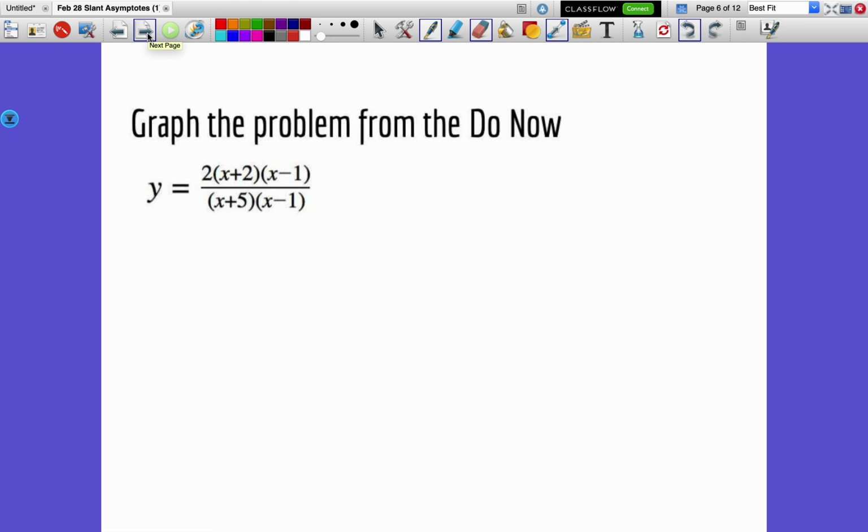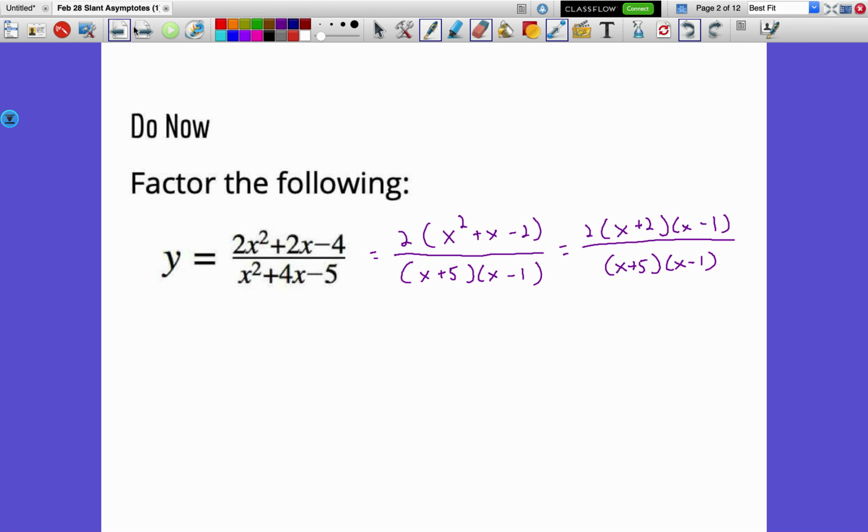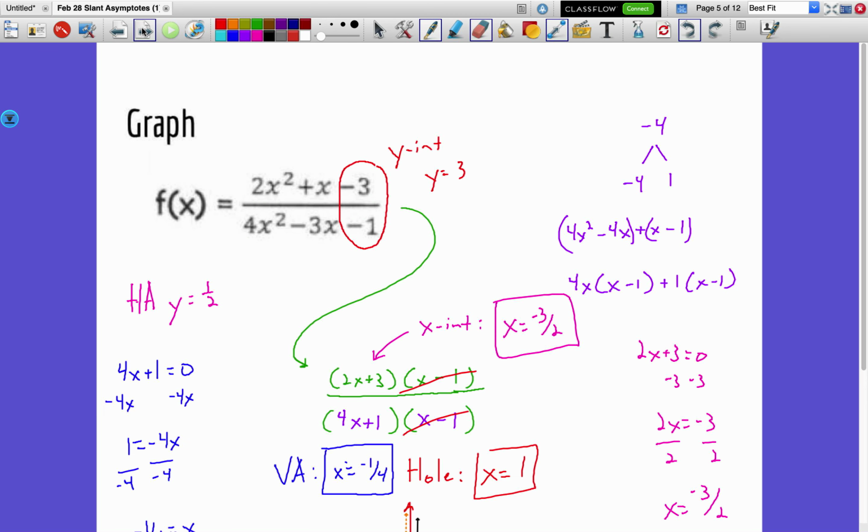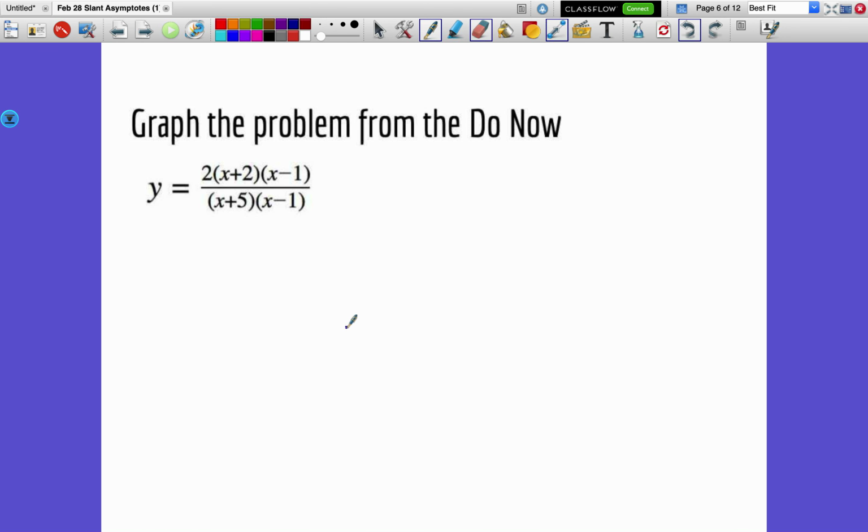Here is the factored form of the do now. I think that is... Yes, that's looking like it's matching. Okay, can we talk about all the features of this graph? So the x minus 1 will cancel, giving us a hole at x equals 1. This doesn't cancel, so x equals -5 will be our vertical asymptote. This gives us an x-intercept of -2.